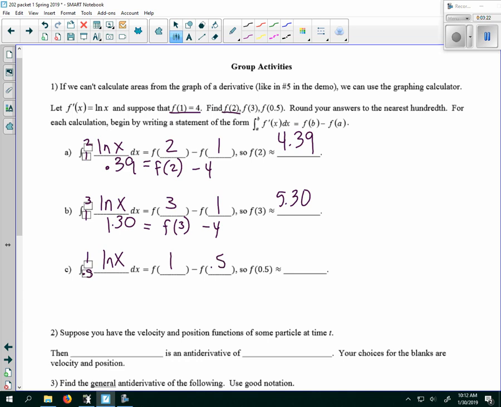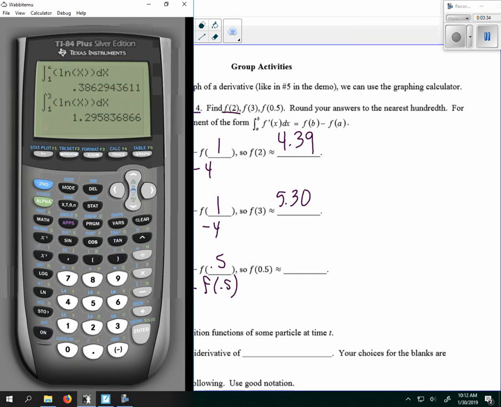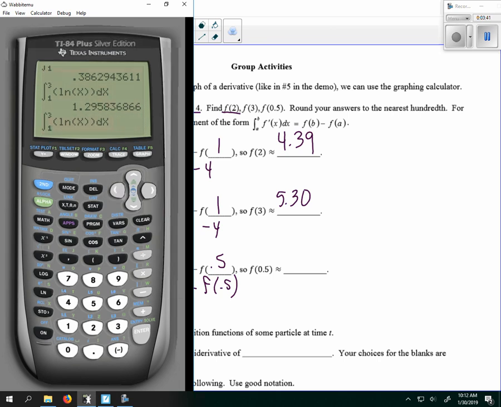F of 1 I know is 4. F of 0.5 I'm going to be solving for. And that should equal the area underneath ln x from 0.5 to 1, which I can have my calculator estimate for me. So this time my bounds of integration are 0.5 to 1.